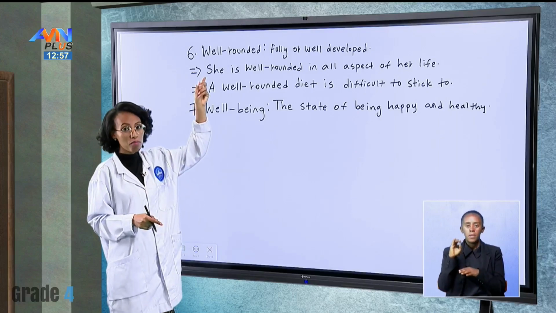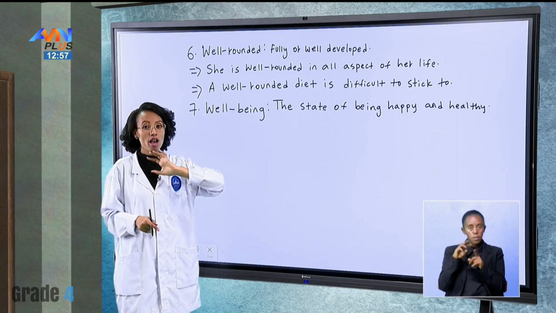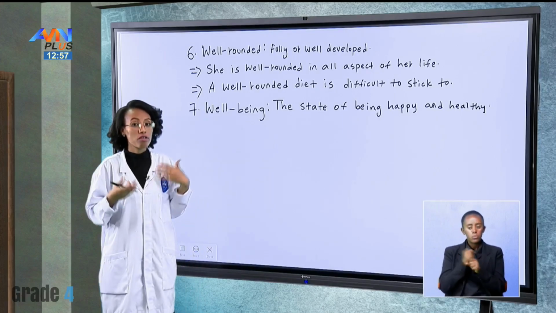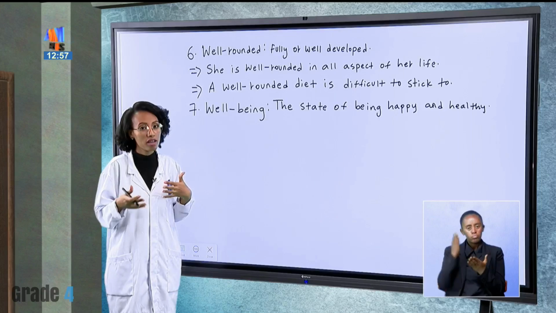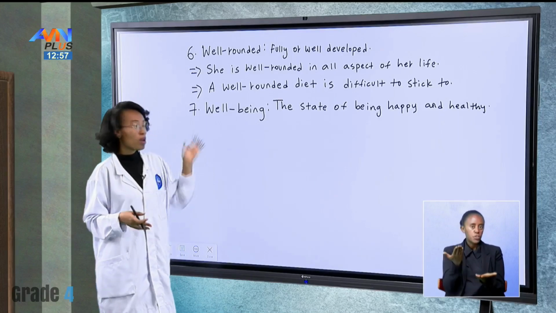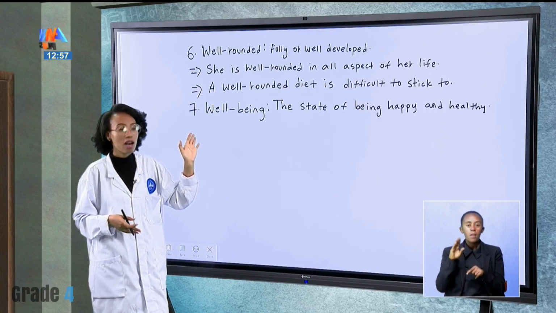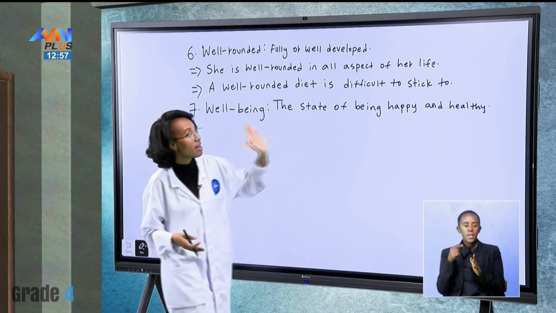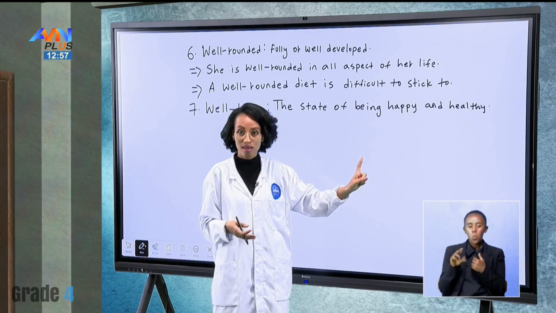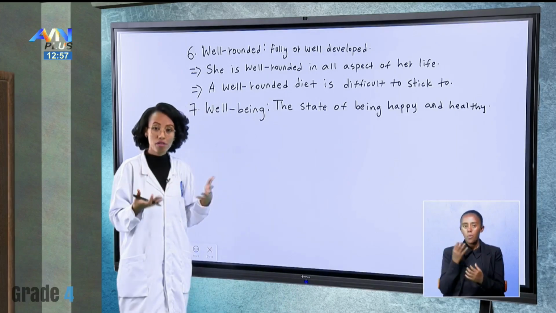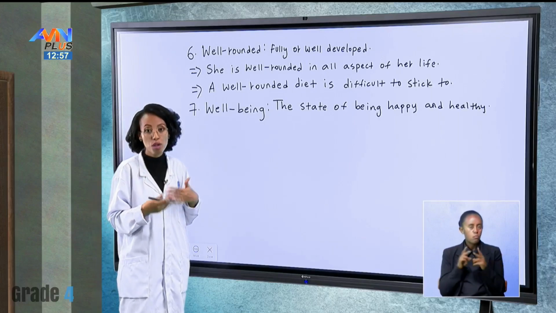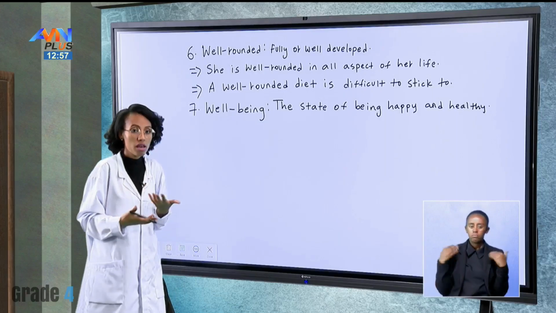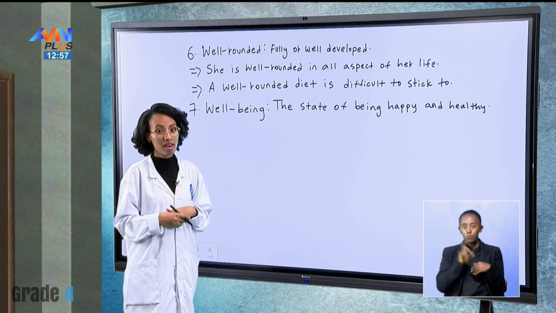In the above vocabulary, when we say a person is well-rounded, we are saying they are doing really well or they know really well. But if we're talking about a person's well-being, we're talking about their what? Their happiness or their health. So well-being is also a very important aspect to people. Everyone should have their own well-being. They should be happy and they should be healthy as well.